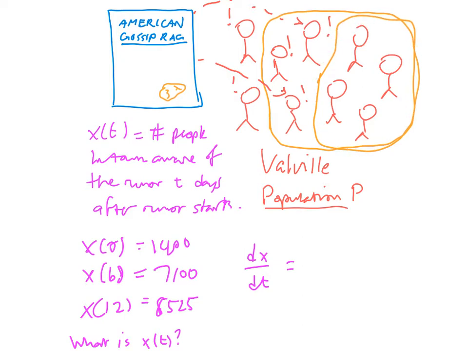Well, if the number of people who are aware is x of t, then the number of people uninfected is P minus x. So that means that the rate of change of the number of aware people is going to be proportional, by some unknown proportionality constant, to the difference between this unknown population and the number of infected people.